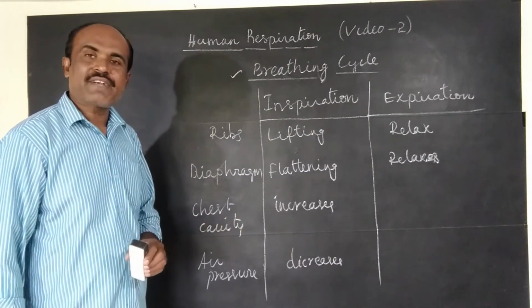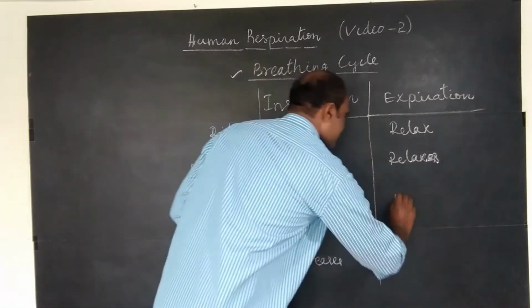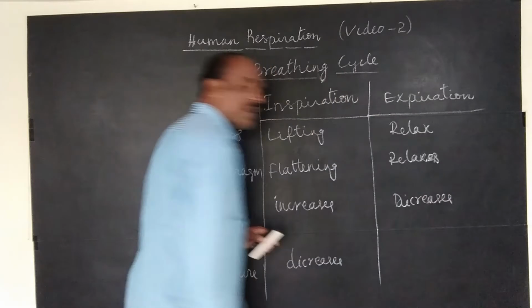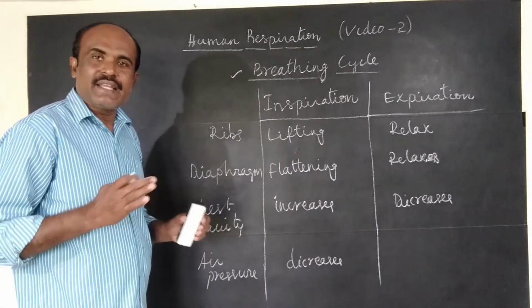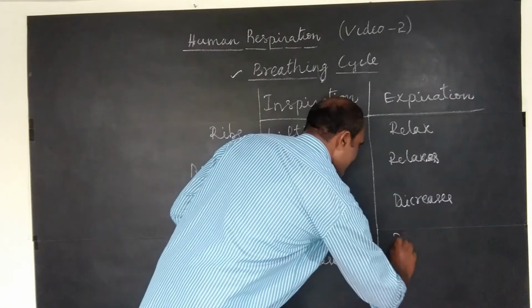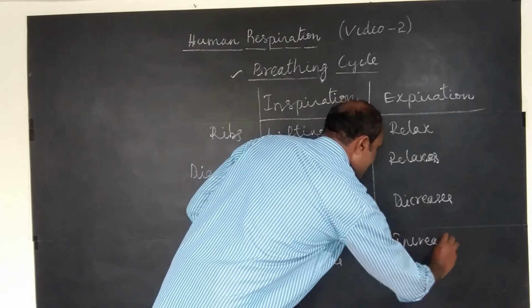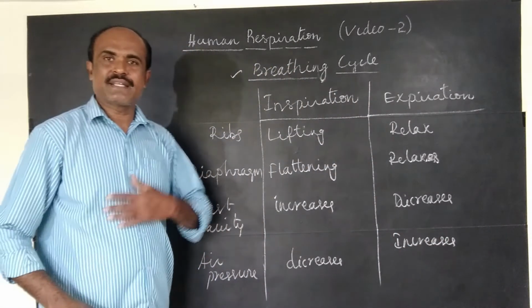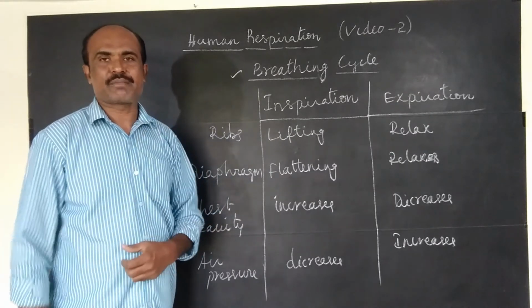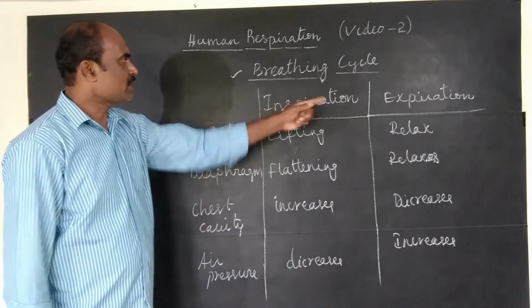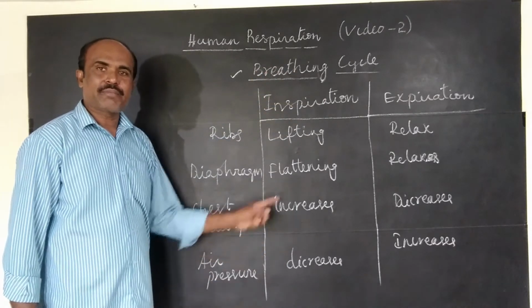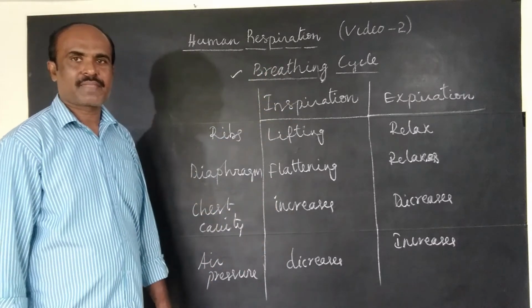Then chest cavity decreases. Air pressure increases. As a result, from lungs, air is sent out into the atmosphere. So these are the two stages of breathing cycle, very important for your examination.